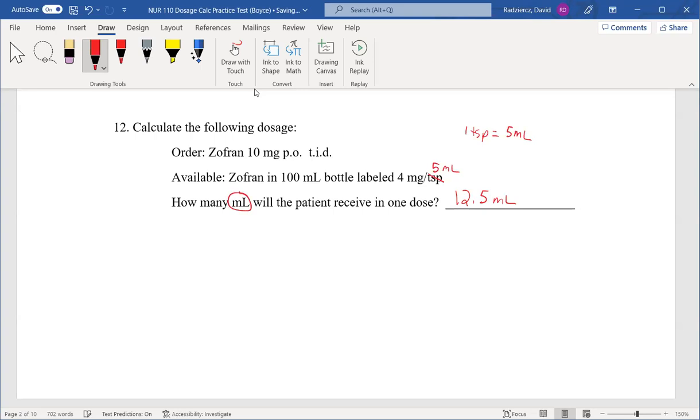And then the other thing is it told you what to look for. So if they had not told you, you could have possibly answered this question in teaspoons, and then you would have just had 10 divided by 4, and your answer would have been 2.5 teaspoons. But they obviously wanted it in milliliters.